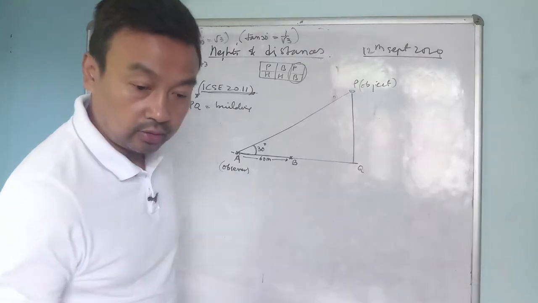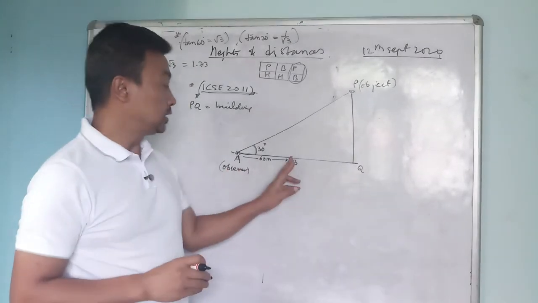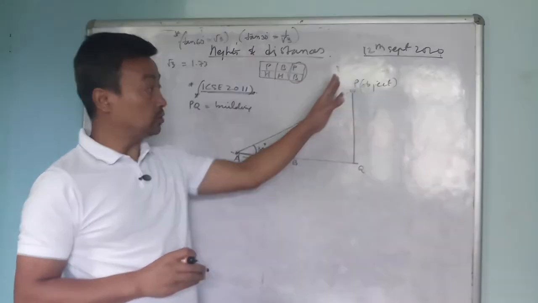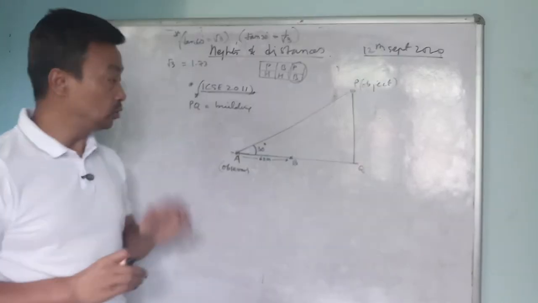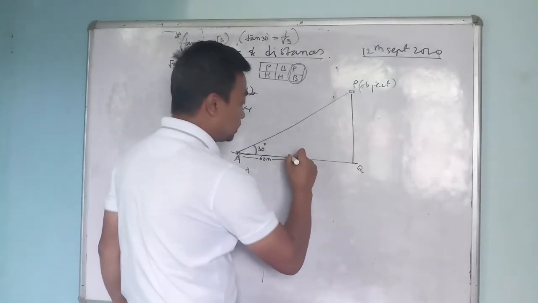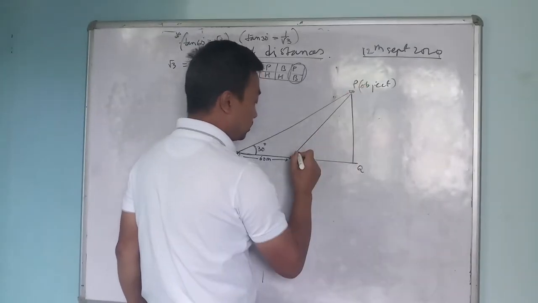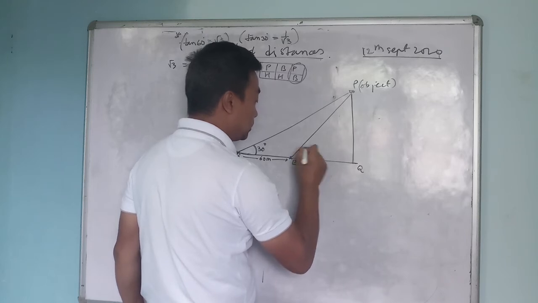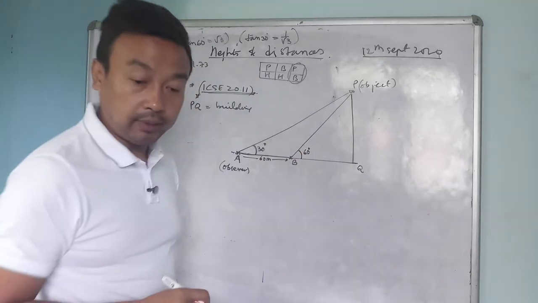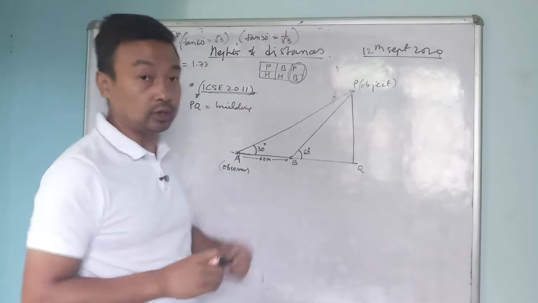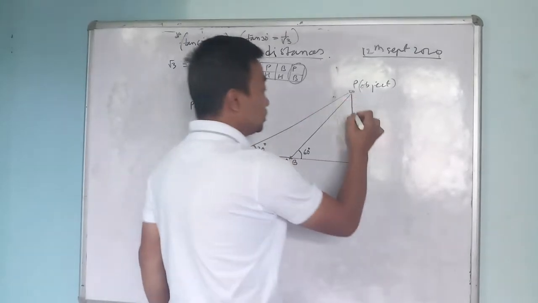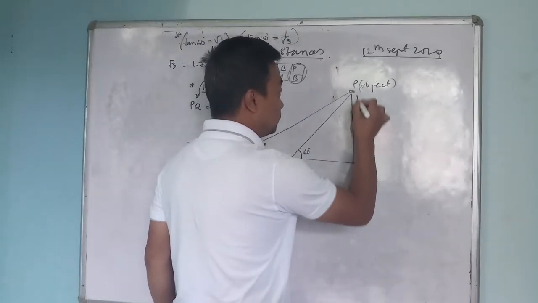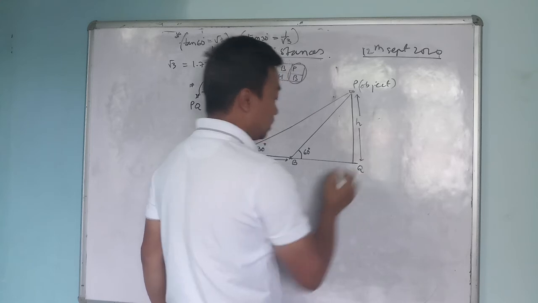On covering 60 meter, he stops, and again he looks at the top of the building. Now he is closer to the building, so he is making a second angle of elevation. So what is the angle of elevation in this case? 60 degree. It is the same as the first case, but the only difference is the height of the building is not given here.